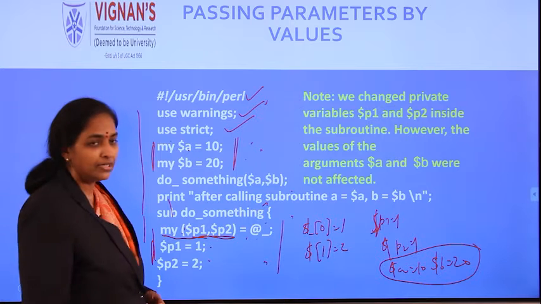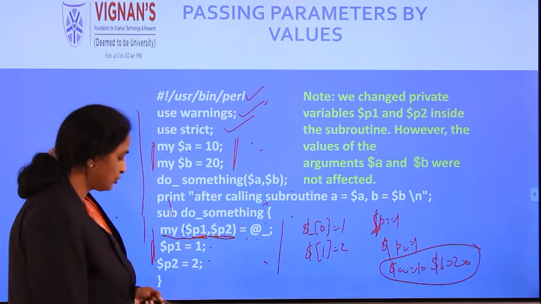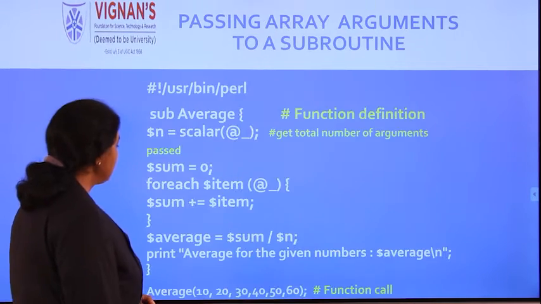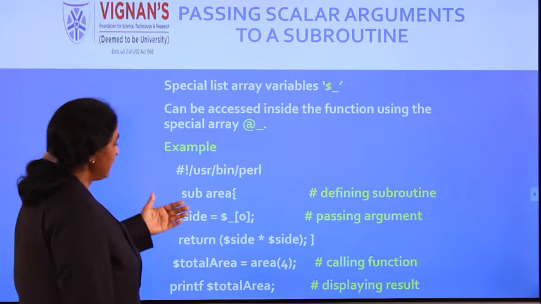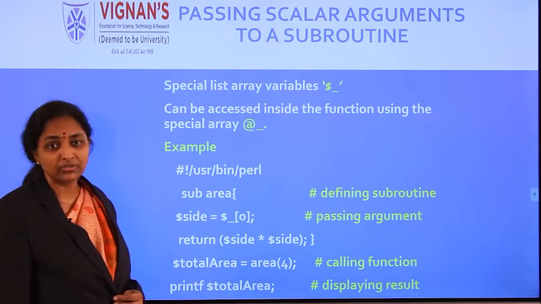Now I think you clearly understood how to pass the parameters by reference and how to pass the parameters by values. Now we will see one example. Here I want to find the area of the square. As you know, the area of the square is s square.